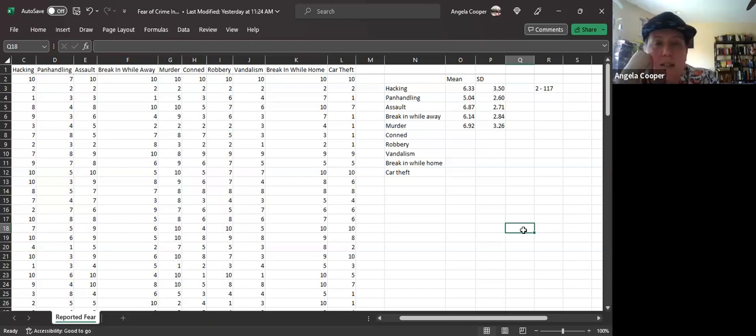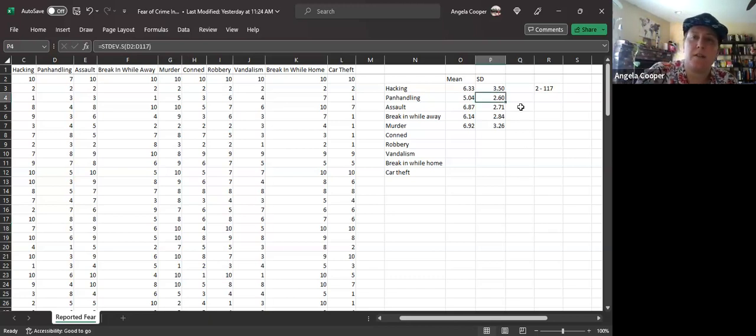Keep in mind that standard deviation is a measure of dispersion within a data set, how close to the mean our scores are. The closer to 0 the standard deviation gets, from the ones we've calculated so far, this standard deviation for panhandling is the closest to 0 at 2.6.